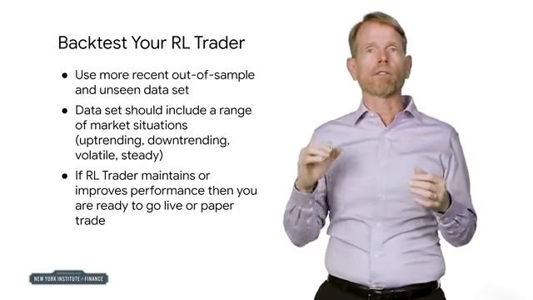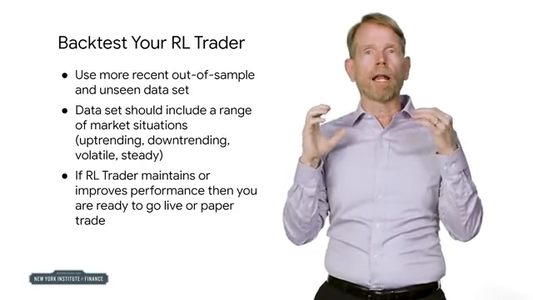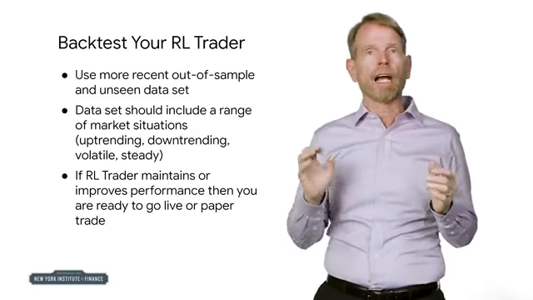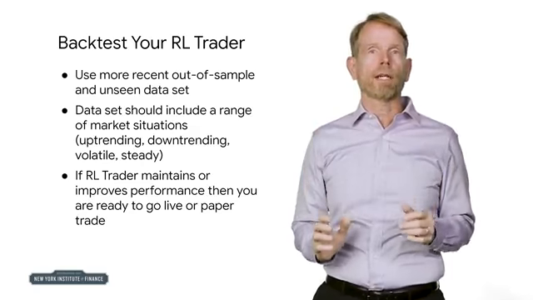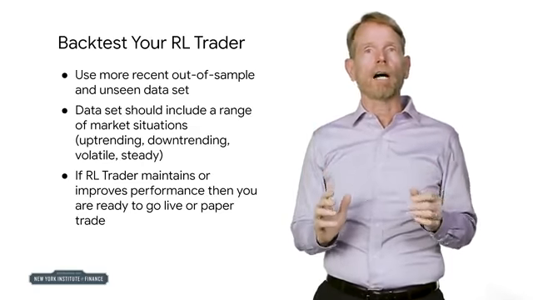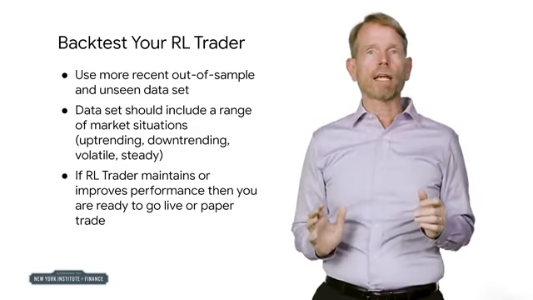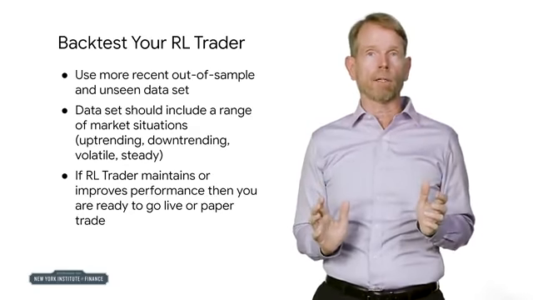Backtesting an RL trader is critical and needs to happen on out-of-sample data which the RL trader has never seen, either in training or during testing. Only if the algorithm performs well on this kind of data should you even consider testing it in a live trading environment.